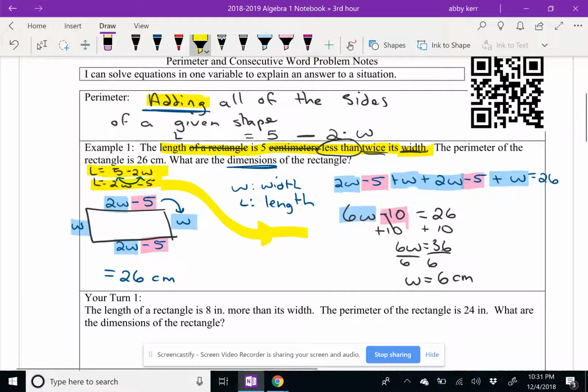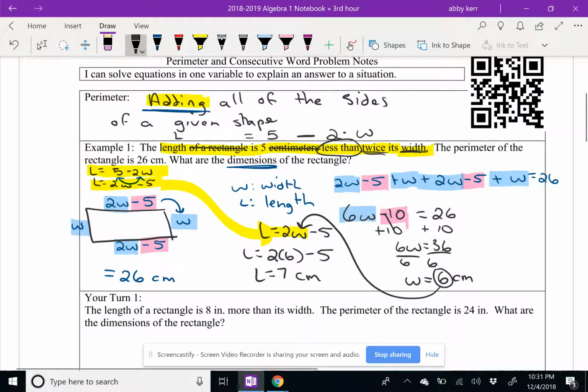And now we're going to put that L equals 2W minus 5 to work. We're going to plug that 6 into that W. And then 2 times 6 is 12. Take away 5. We get 7 centimeters.